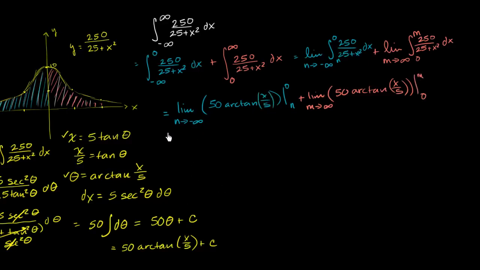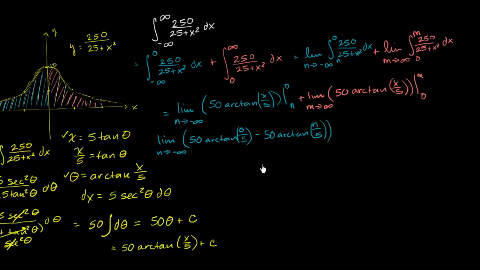So what's this going to be? It's going to be the limit as n approaches negative infinity of 50 arctangent of 0 over 5 minus 50 arctangent of n over 5.